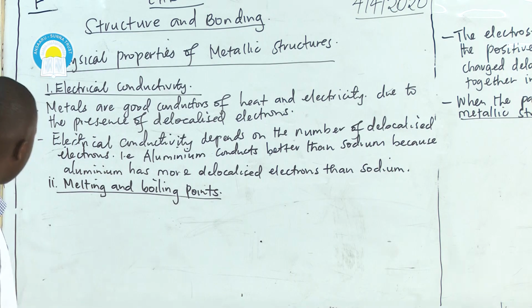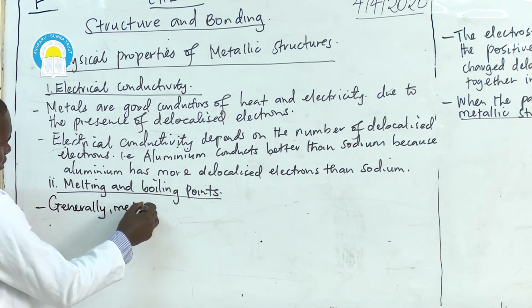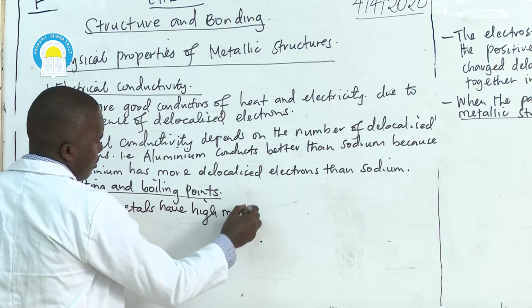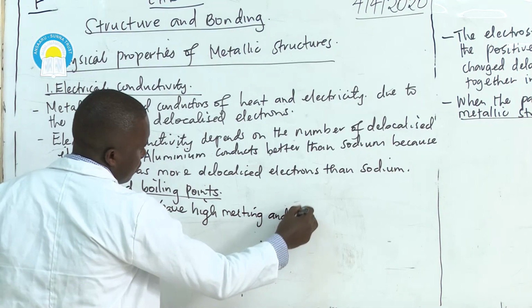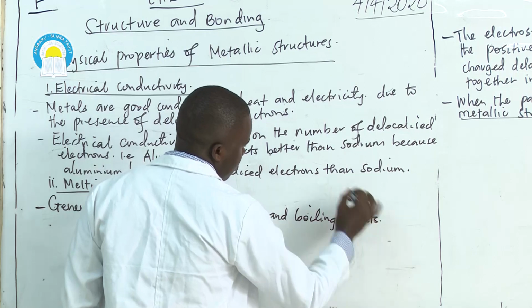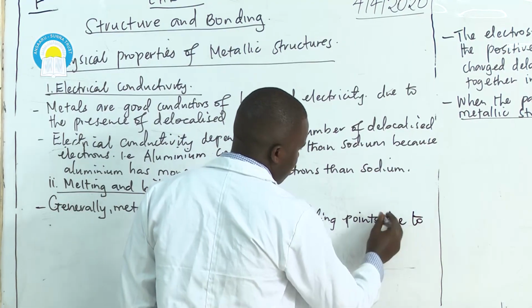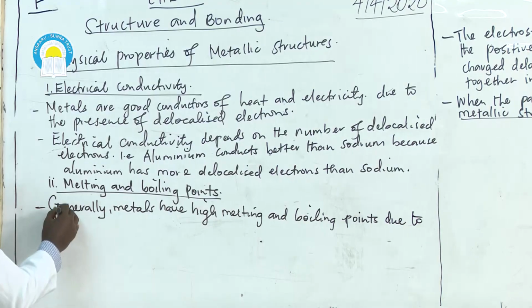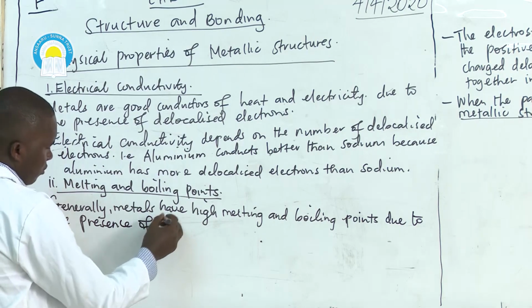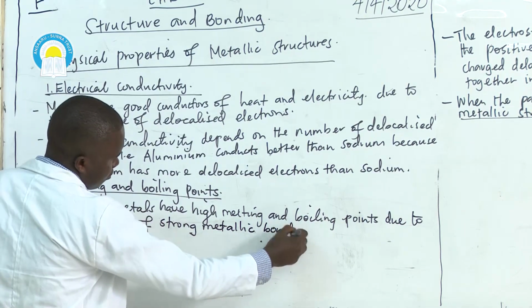So you will say that generally metals have high melting and boiling points due to the presence of metallic bonds.